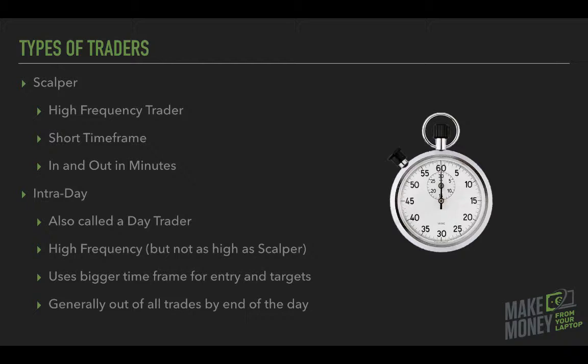So they're fairly high frequency in that they may take quite a few trades through the day, but they're not as high of a frequency as a scalper, because they're waiting for certain levels to be hit, or they're waiting for certain confirmations in the marketplace and then taking a trade. They're a little bit more patient, but they are still generally in and out and flat, meaning they don't have any open trades by the end of the day. They're closing out their trades and coming into the new day with cash. Right? So that's an intraday trader.